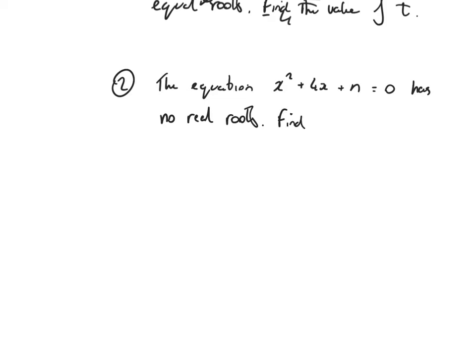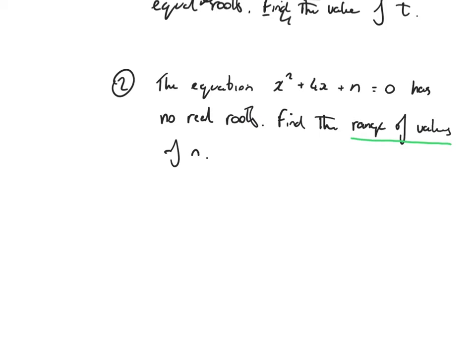Find the range of values of n. Interesting that I've been asked to find a range of values, so that will be more than one value that can be possible for n. Okay, so next point to note is that no real roots.